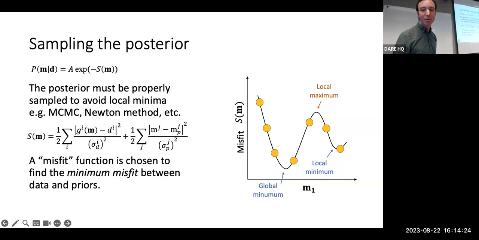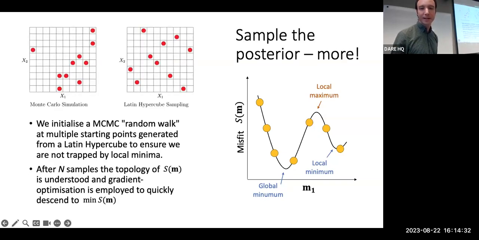If you don't sample very well, you might not end up finding that global minimum. You might just find this local minimum. So the trick here is to sample more. We add more points along our misfit function, and then we're sampling the posterior a whole lot better.